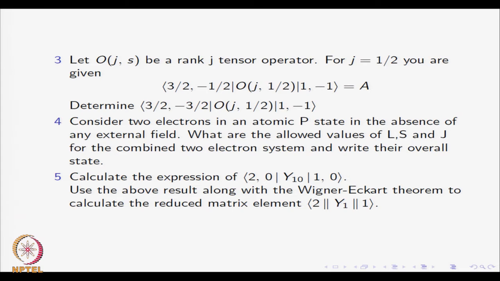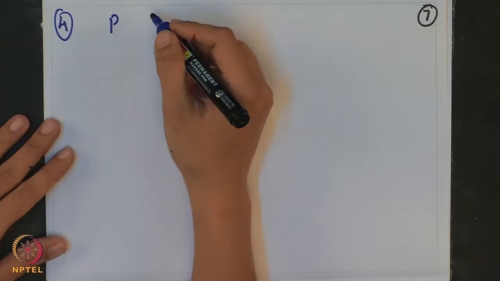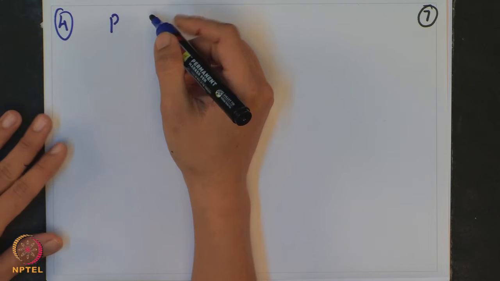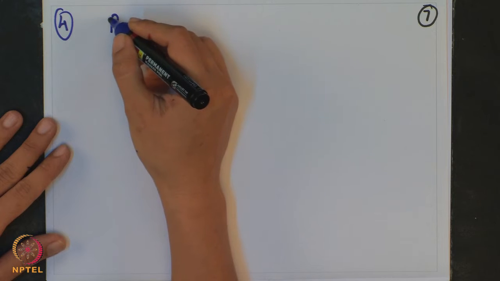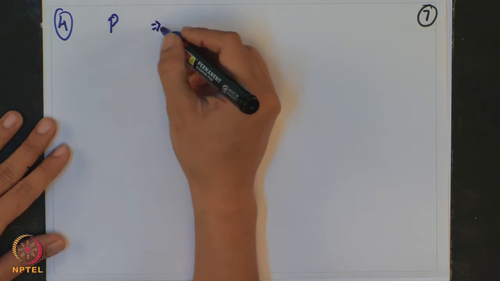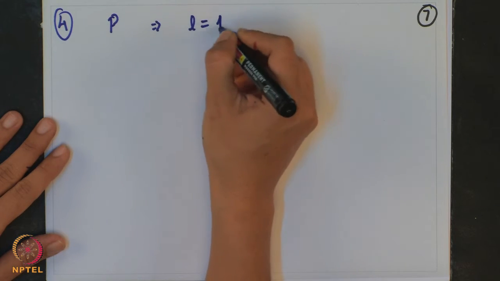In the fourth problem you have to consider 2 electrons in an atomic p state. So the first question would be, what is a p state or a p wave in the absence of an electric field? The p state implies that L is equal to 1.